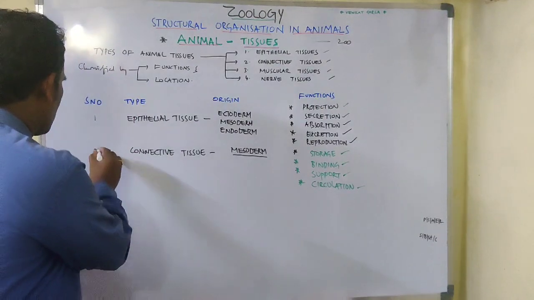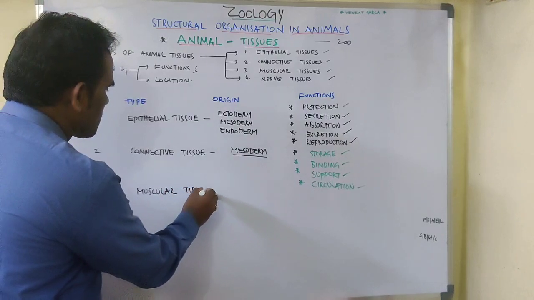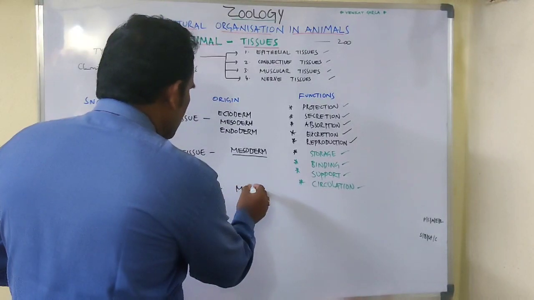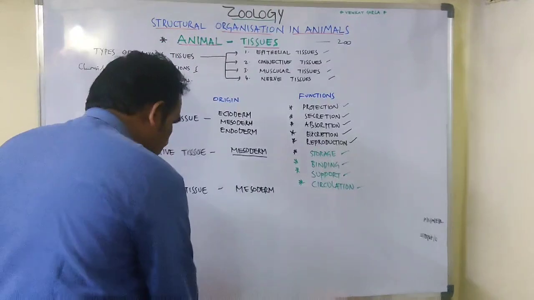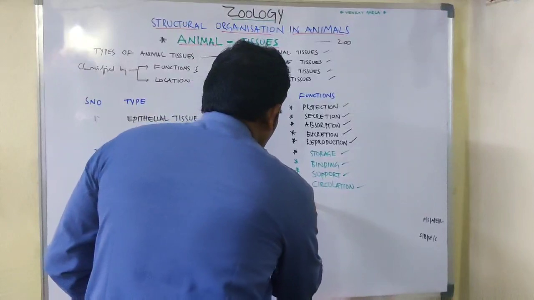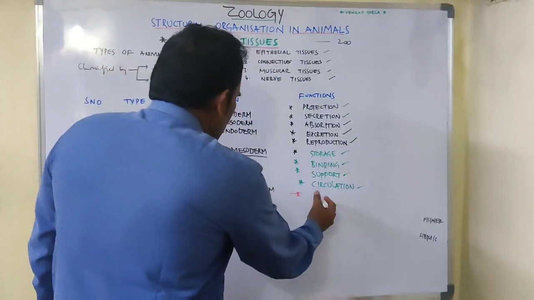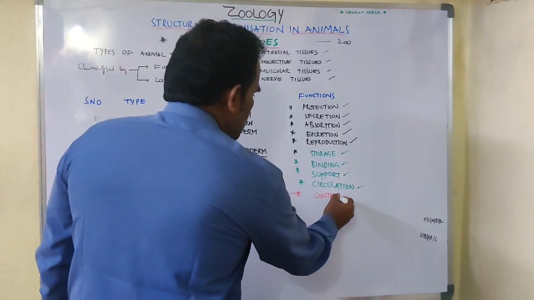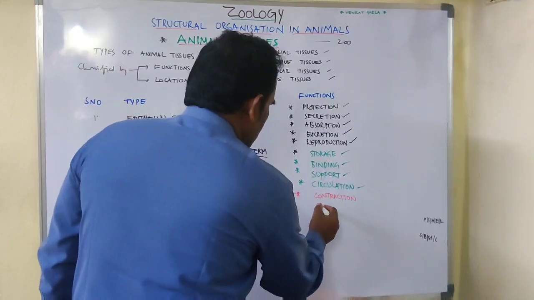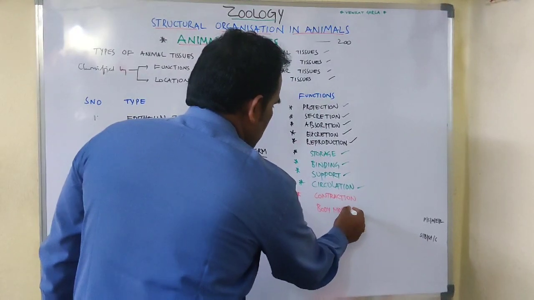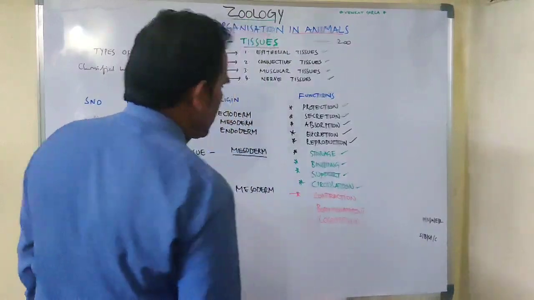Now coming to the third category of tissue, muscular tissue. This also originates from the mesoderm, the embryonic germ layer. The major functions of muscular tissue are contraction, body movements, locomotion, and the movement of organs.